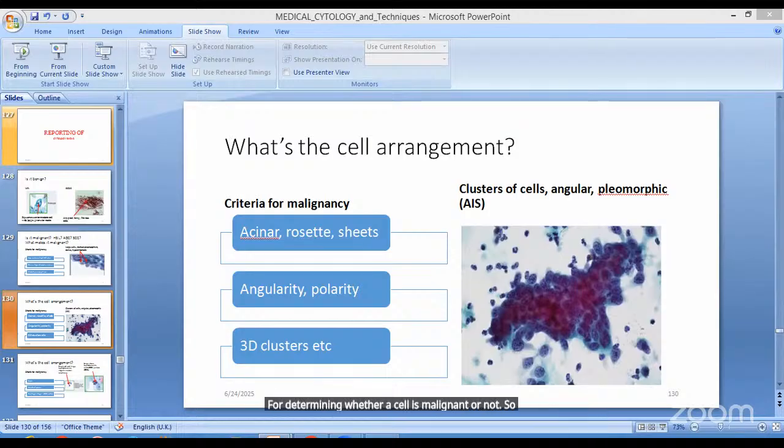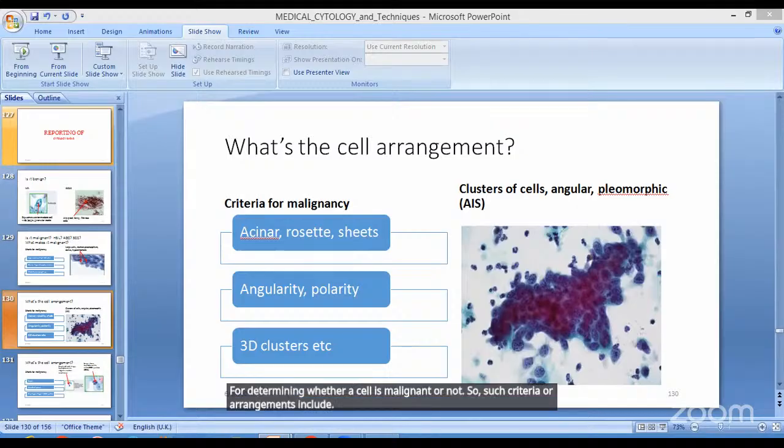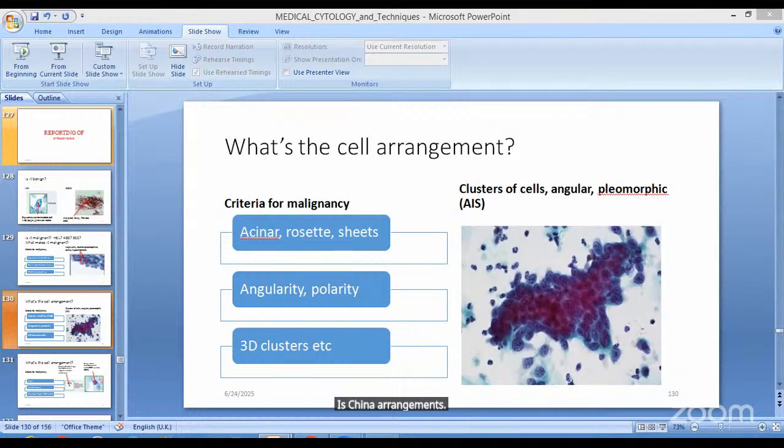Such arrangements include acinar arrangements, like pancreatic cells, round clusters of cells in circular form. When you look at how grapes are arranged, that's rosette.